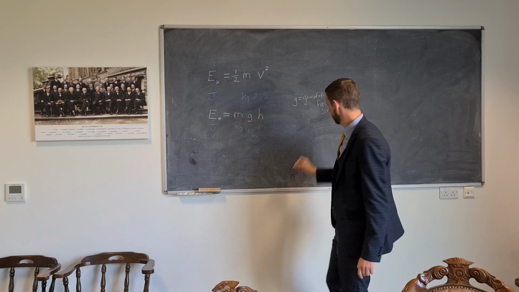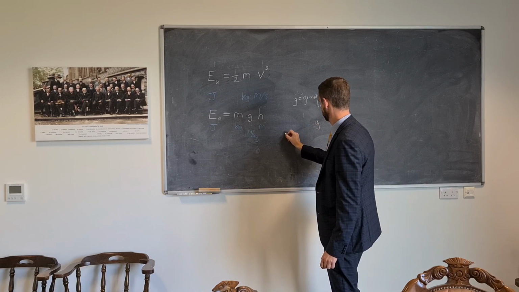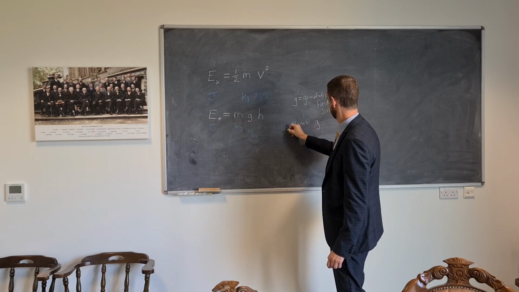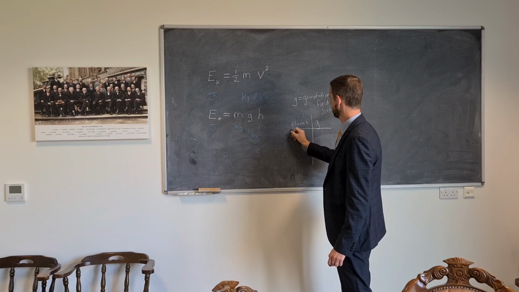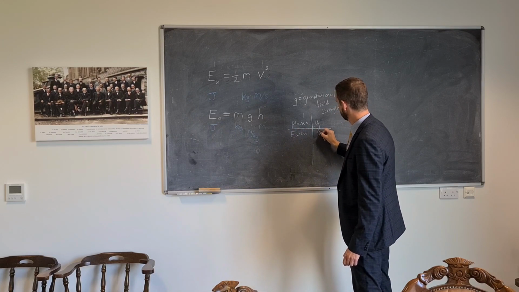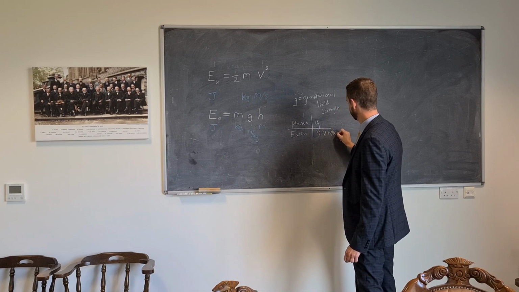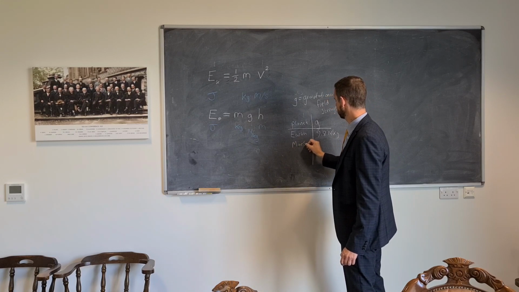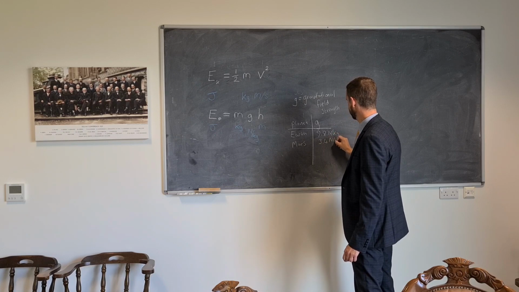On Earth, g is equal to 9.8 newtons per kilogram. On Mars, it is equal to about 3.4 newtons per kilogram.